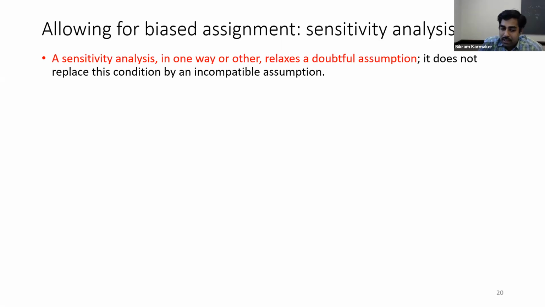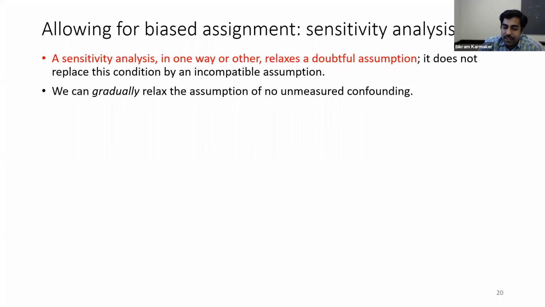So any sensitivity analysis, in one way or other, relaxes a doubtful assumption. It's not the same as replacing that by some other assumption. So we can gradually relax the assumption of no unmeasured confounding.